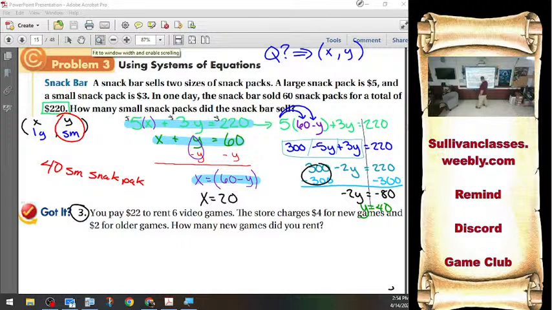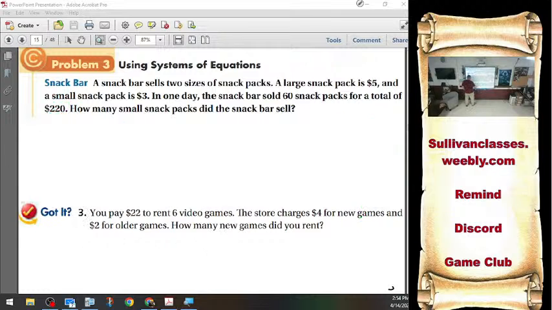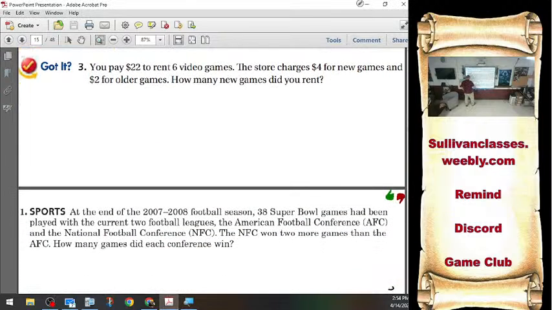Let's make sure we have the right equation before anything else. The first thing that I would do is, off to the side, say what's what. What are the two things we're talking about? Go to the question at the end.